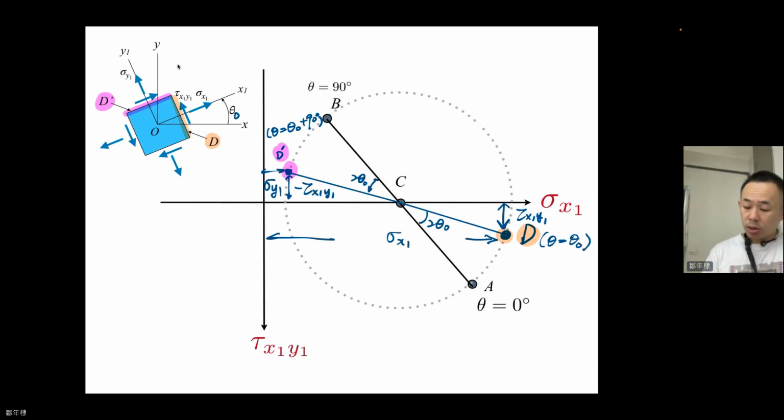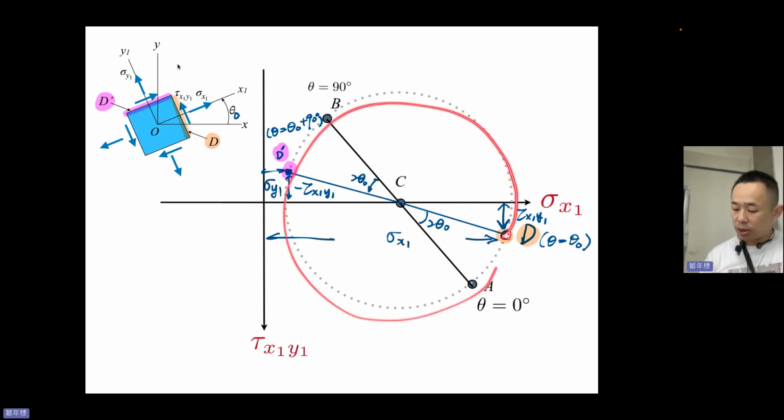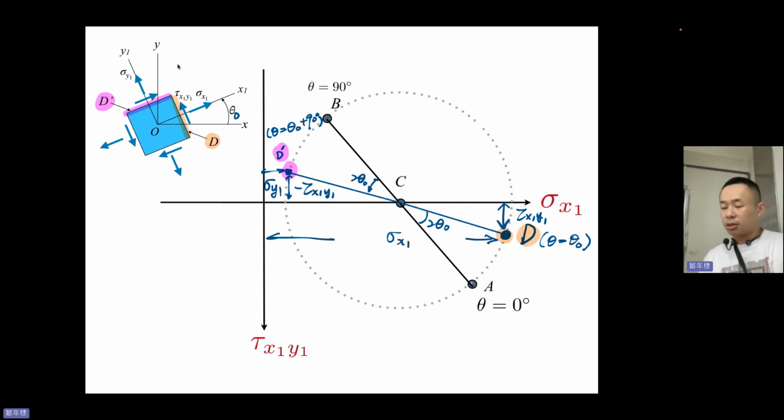If you want to try a new inclined section, you can see this is theta d. Theta 0 means you can start from plane A, or point A, with 2 theta 0, and then pinpoint the plane D located in the circle at this point.